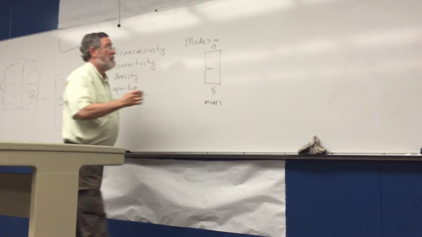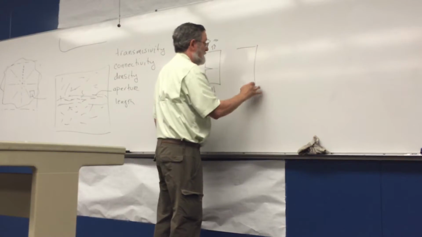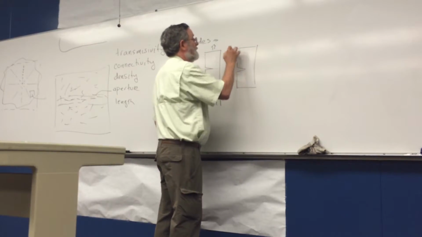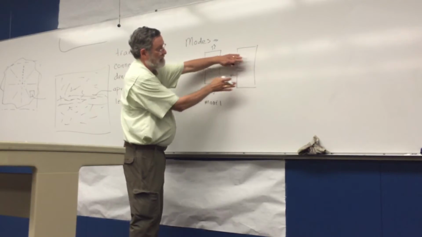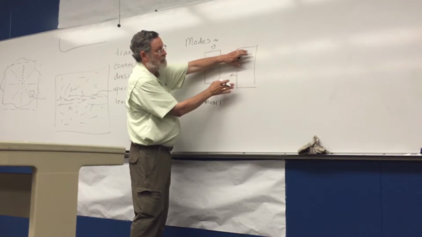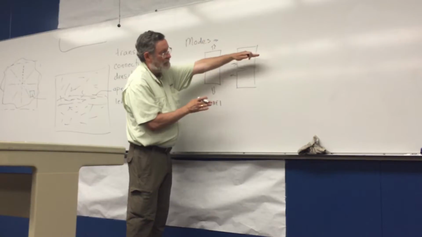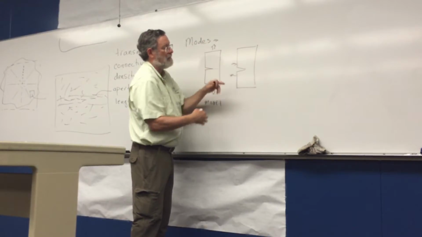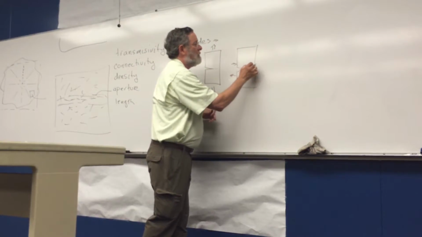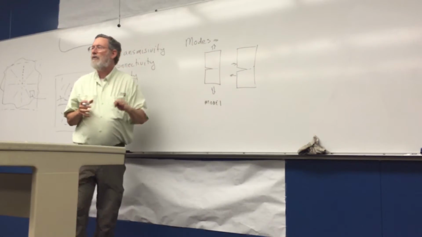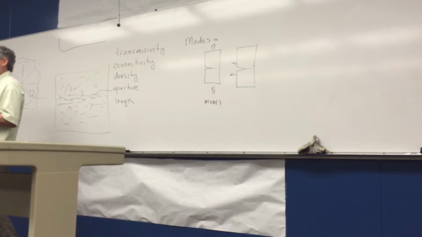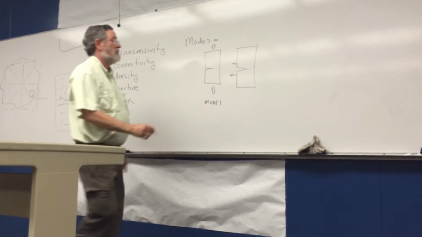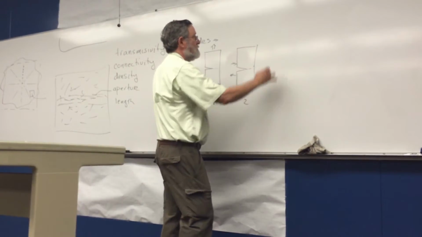If we think about instead trying to propagate by taking this material and forcing this side this direction, pulling this side this direction, what will happen is that the flaw will curve. The fracture will actually curve on us in that particular system. This is a mode 2.